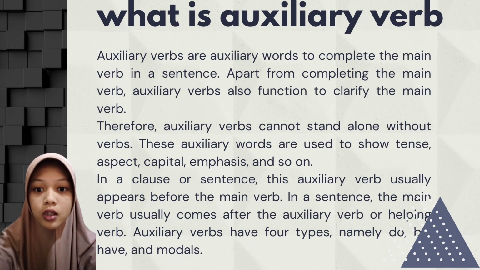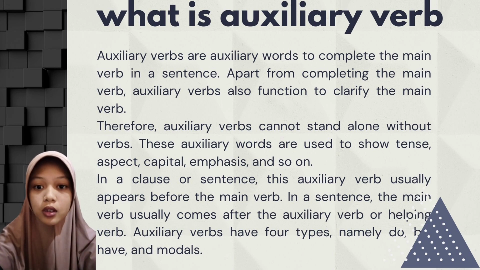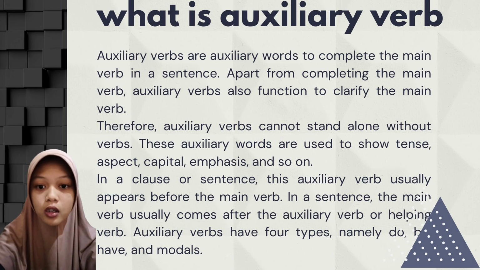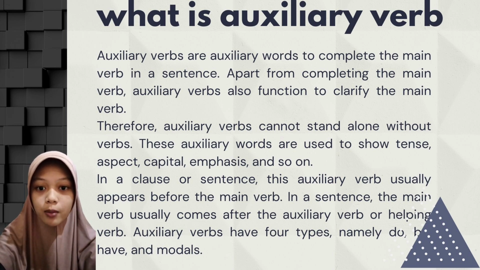In a clause or sentence, this auxiliary verb usually appears before the main verb. In a sentence, the main verb usually comes after the auxiliary verb or helping verb. Auxiliary verbs have four types, namely do, be, have, and modals.